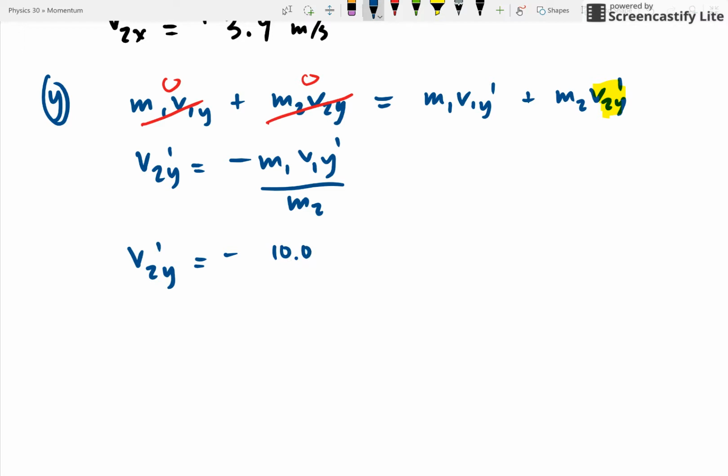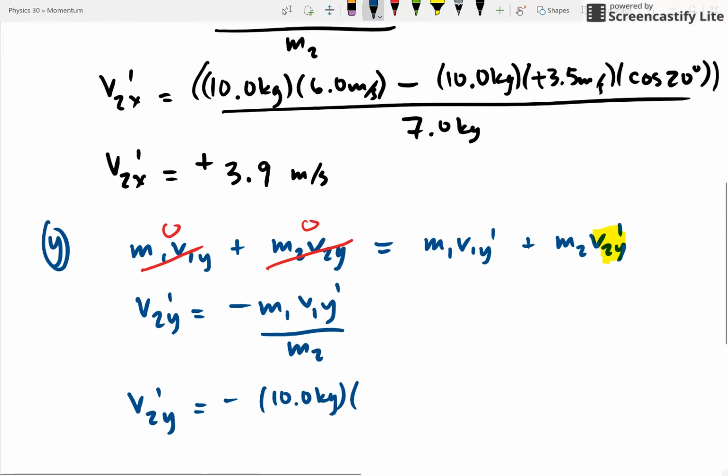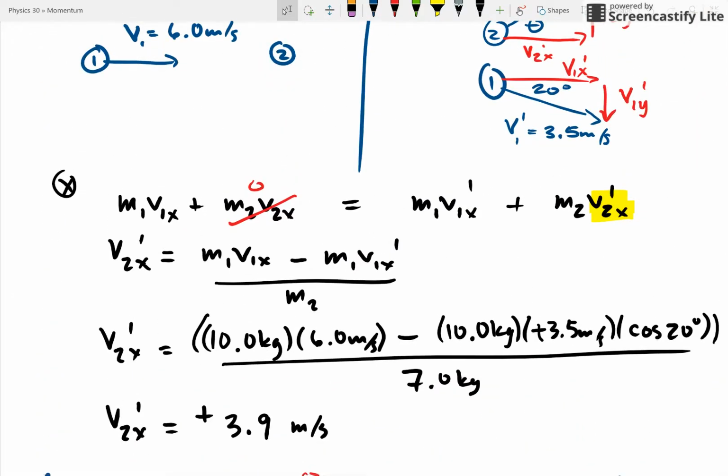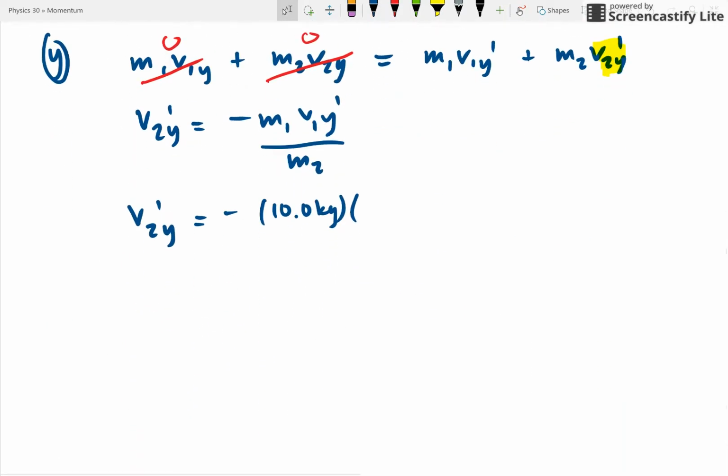Mass 1 was 10 kilograms, and its velocity after the collision is 3.5 meters per second at 20 degrees. But we want the y-axis, so this is sine of 20 degrees. This is where we have to put the negative because this component is downward.